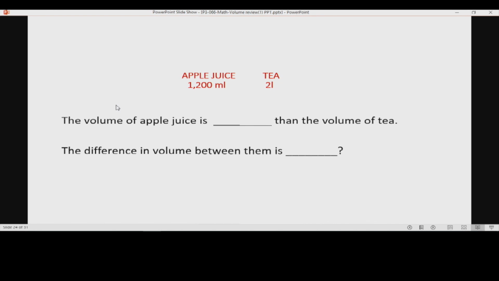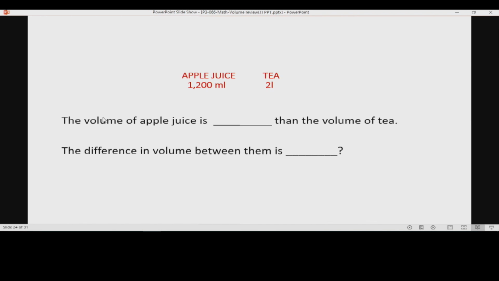Let's have a look. Apple juice, how many millilitres? 1,200 millilitres. How many litres of tea? 2 litres. So which is more, 2 litres or 1,200 millilitres? 2 litres. How many millilitres is 2 litres? 2,000.